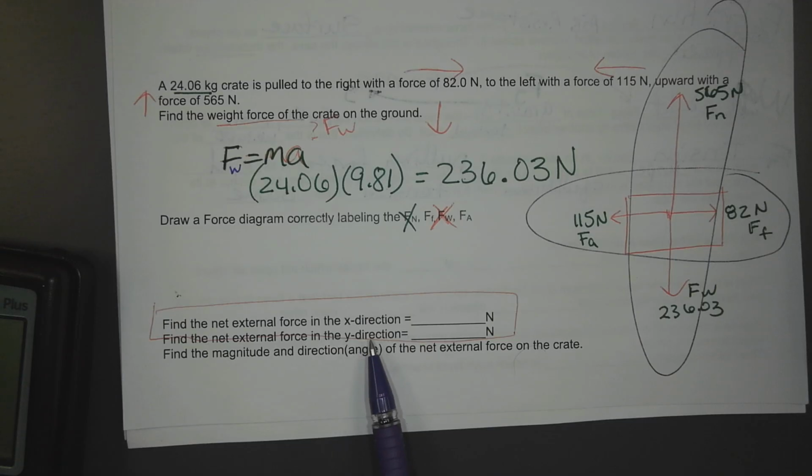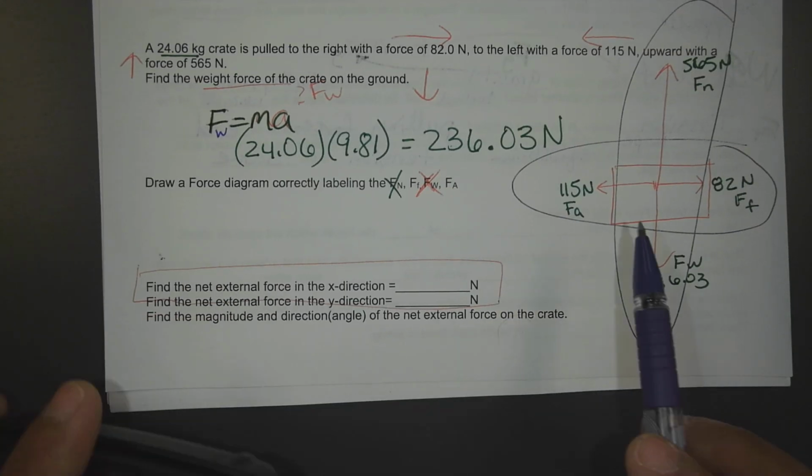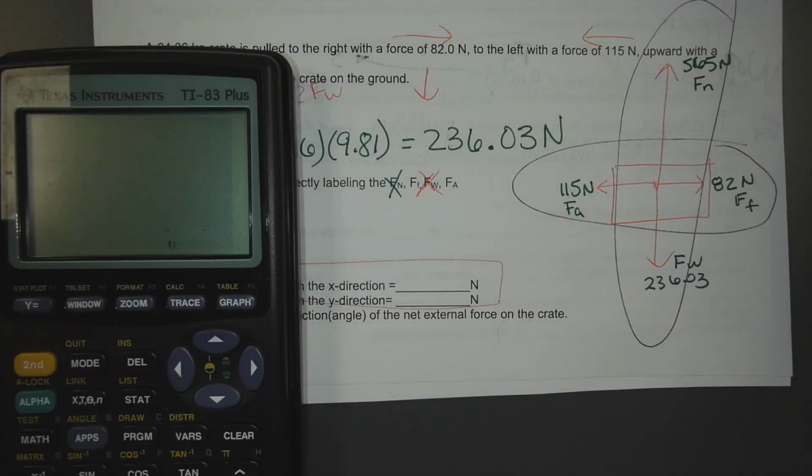The next part says, hey, can you find the X and the Y direction? So the X direction would be right here. Again, I said it before, while you're doing the math real quick, we do not need a negative value. Now, if you wanted to, you can do 82 take away 115, but deep down inside, I don't need a negative value.